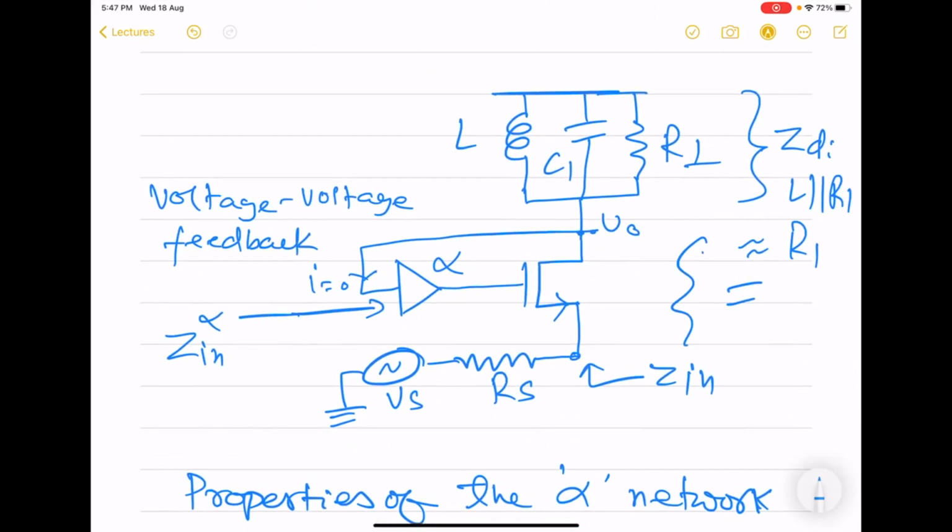So the second interpretation is that we have a CE here, so that this is equal to R1 at omega square equal to 1 by LC1.